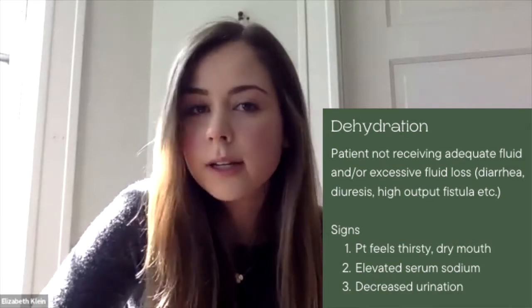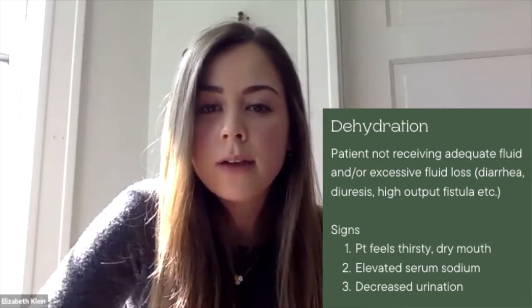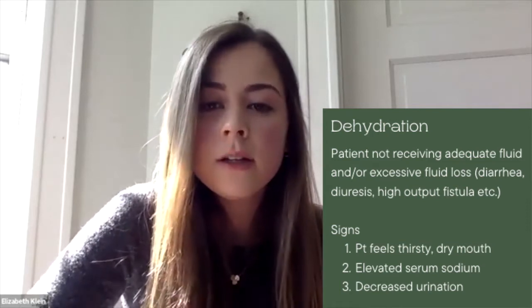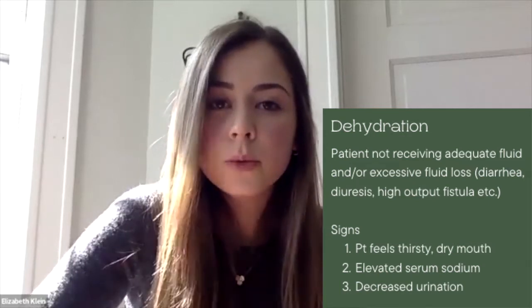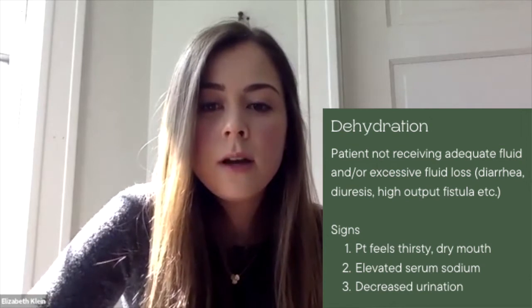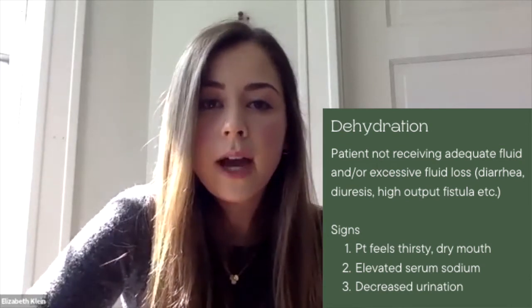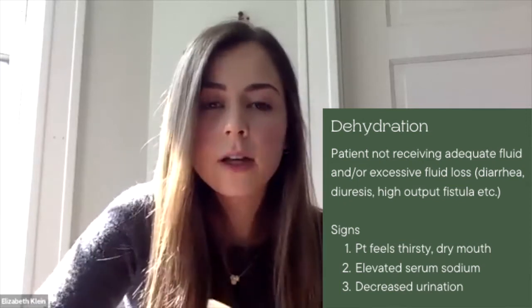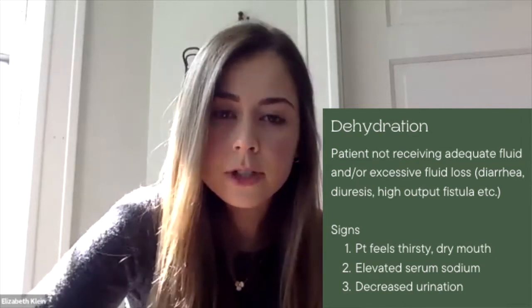It could be they're just not getting adequate flushes, but on the other side, they could just be having excessive fluid losses too. So if they're having diarrhea or vomiting for several days, if they're undergoing diuresis or fluid removal with medications, if they have a high output fistula, or if they have wounds or burns that are weeping and having a lot of loss that way, these can all contribute to dehydration.